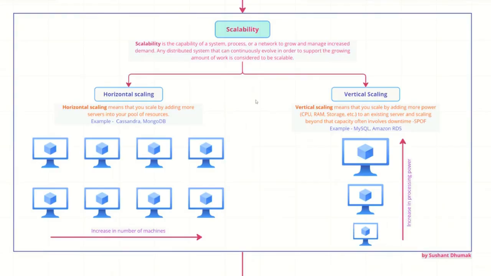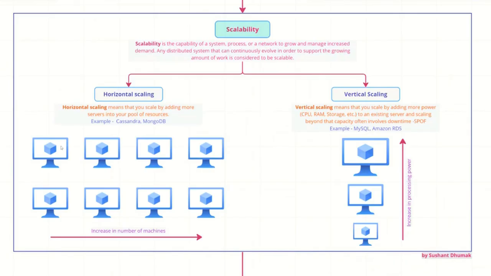Horizontal scaling means scaling by adding more servers, or rather more resources, because it's not just servers but any component. Adding more resources to your pool of resources is called horizontal scaling. Here we have a machine, a web server, as an example.